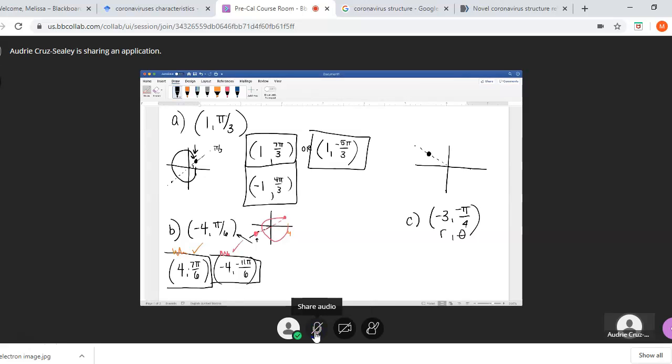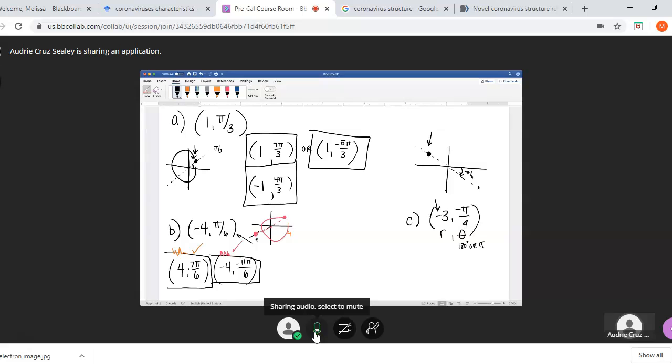This is an angle. Because this is negative, I am going to add 180 degrees or pi to the angle. I'm going to flip where it is. So this right here is negative pi fourths. That's normally where it would be. But because I have a negative radius, I have to travel 180 degrees or pi. So you have to flip where you are. So this is where my actual point is.